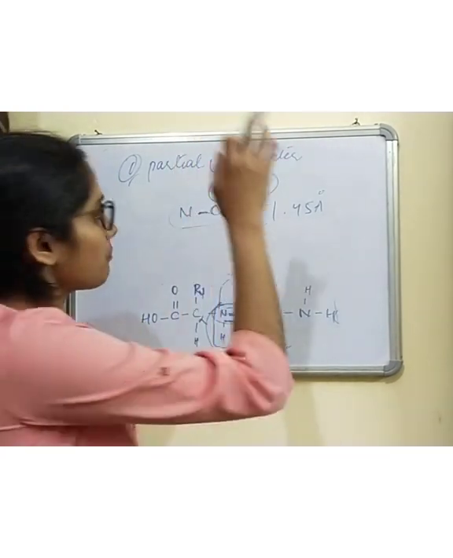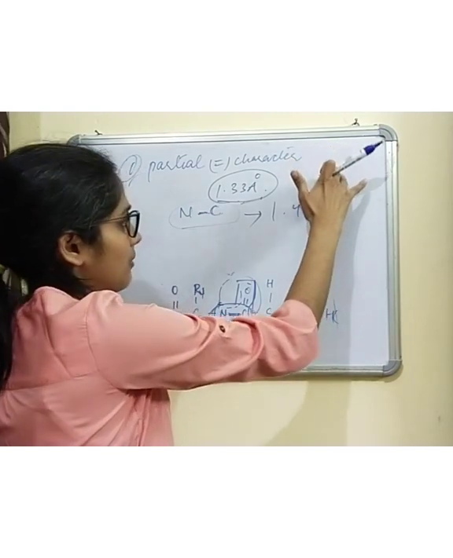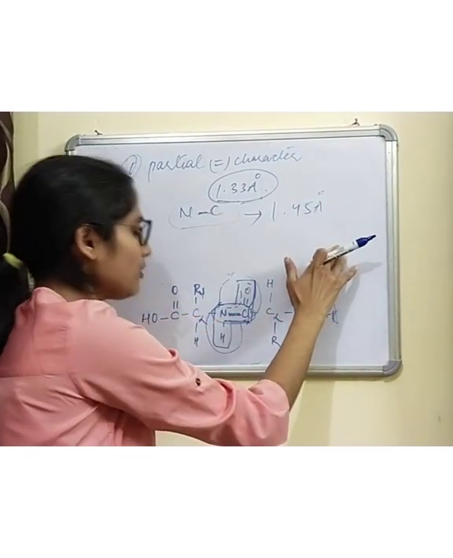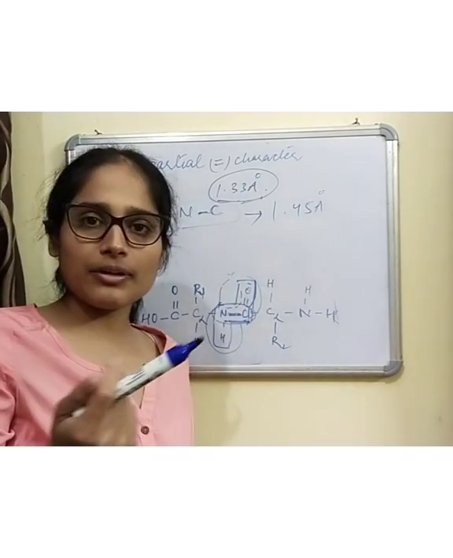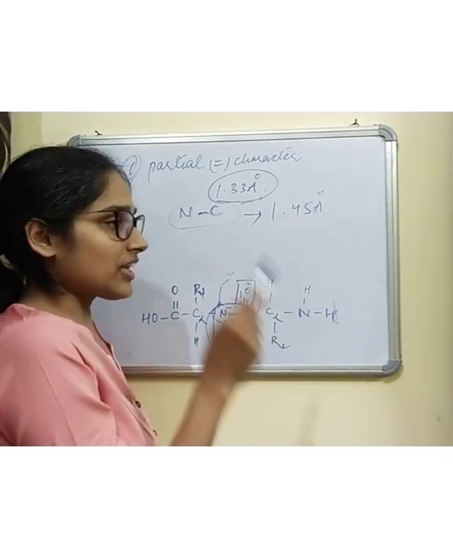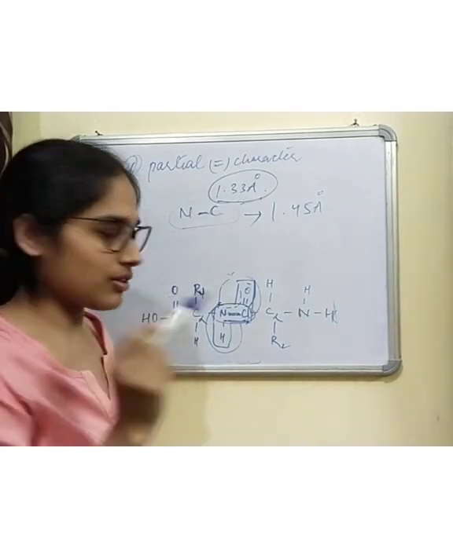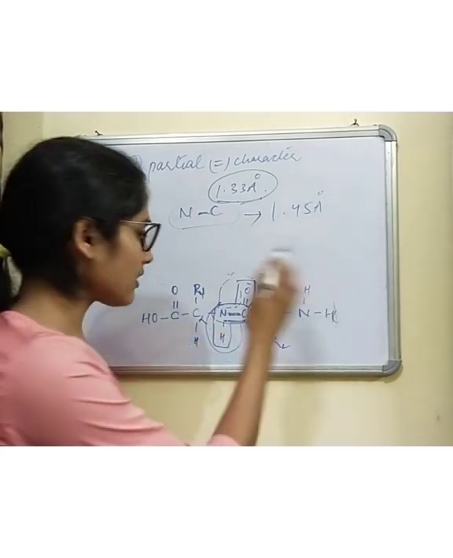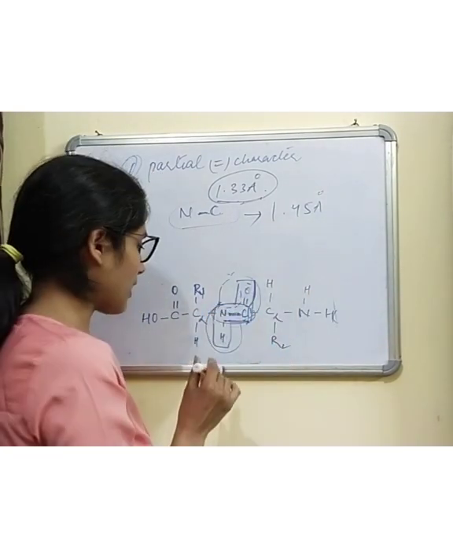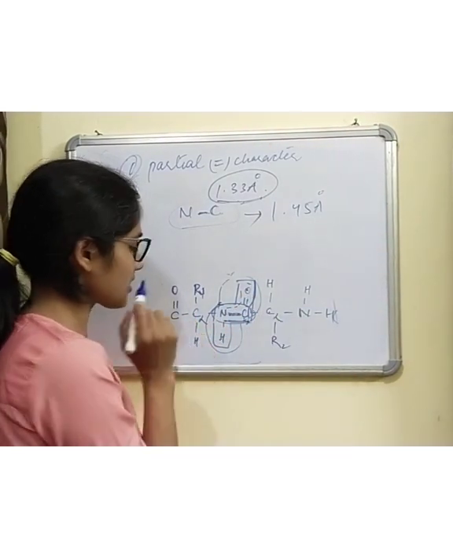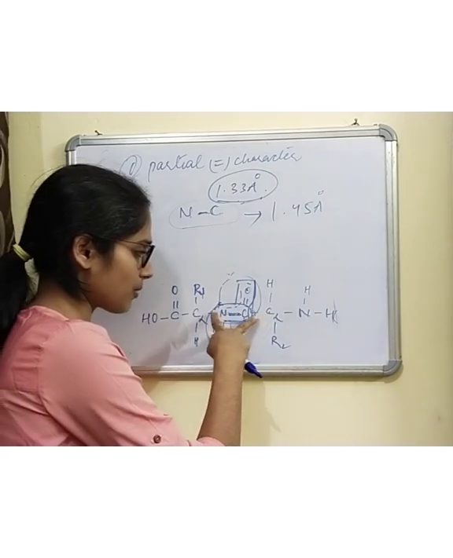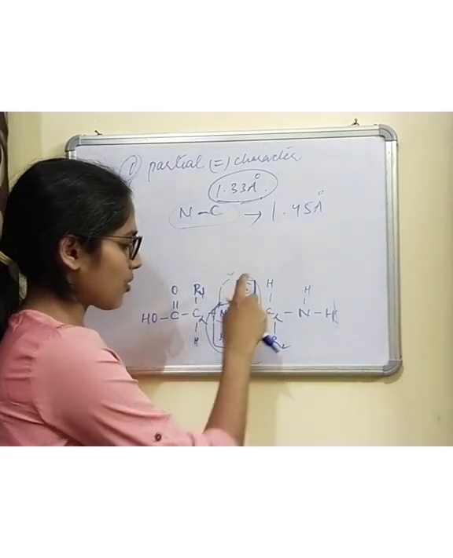Now again, because of this partial double bond character, which is ultimately because of the resonance, there are six atoms in play in the peptide bond. So 1, 2, 3, 4, 5 and 6: two alpha carbon atoms, one N, one C, one oxygen and one hydrogen.